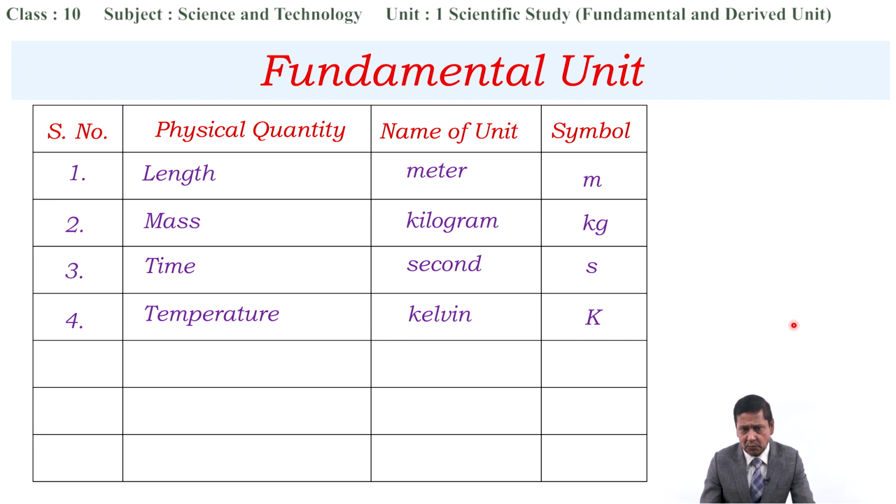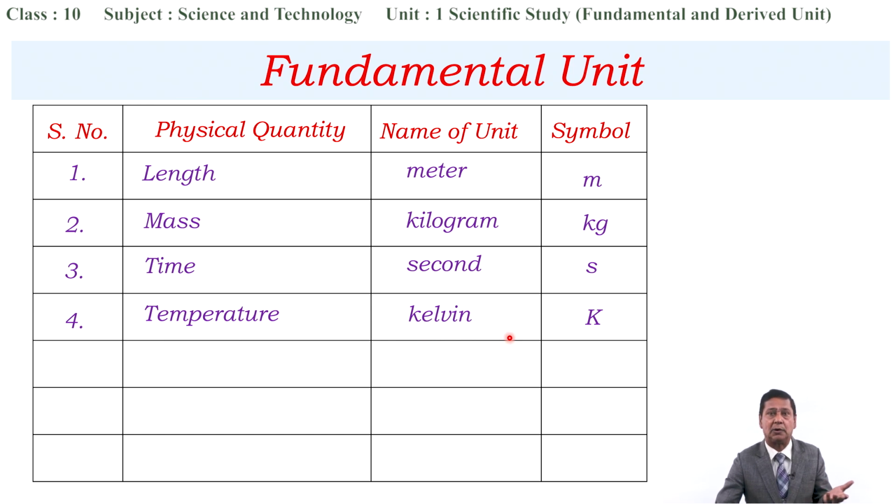If someone says Kelvin as a unit of temperature, then the word Kelvin starts with a small letter k. But if someone says the name of the scientist Kelvin, then the initial letter K should be capital.